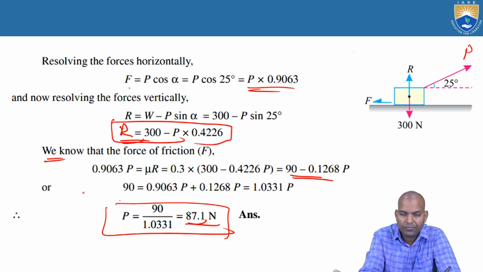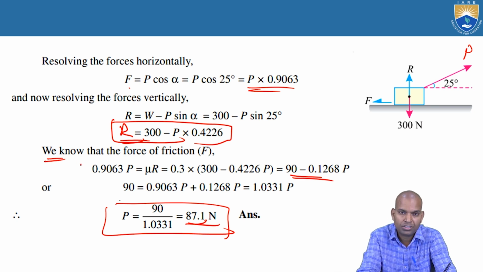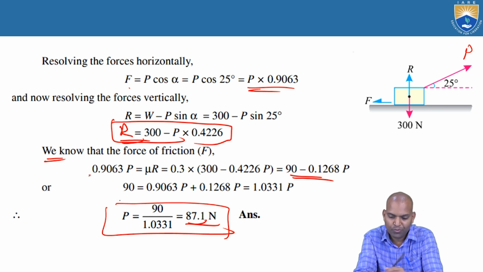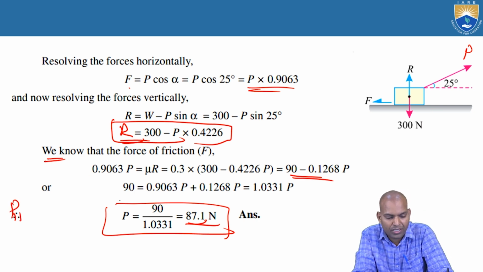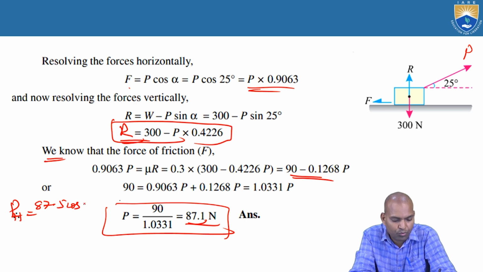The weight of the body is 300 newtons. What is the horizontal force required? If you want to pull, the horizontal force is PH equal to P cos 25, that is 87.1 times cos 25, that is 87.1 times 0.9063.